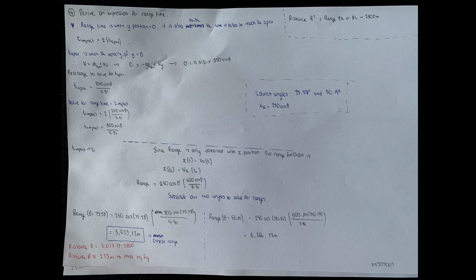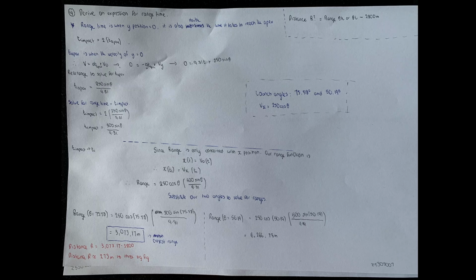Same done for the angle of 50.19 degrees: 250 cos 50.19 multiplied by 500 sine 50.19 degrees divided by 9.81, and it gives you two ranges, one of which is 3,073.17 meters and the other being 6,266.78. Now, notice that the distance r we're looking for is the closest range in which the boat is protected.